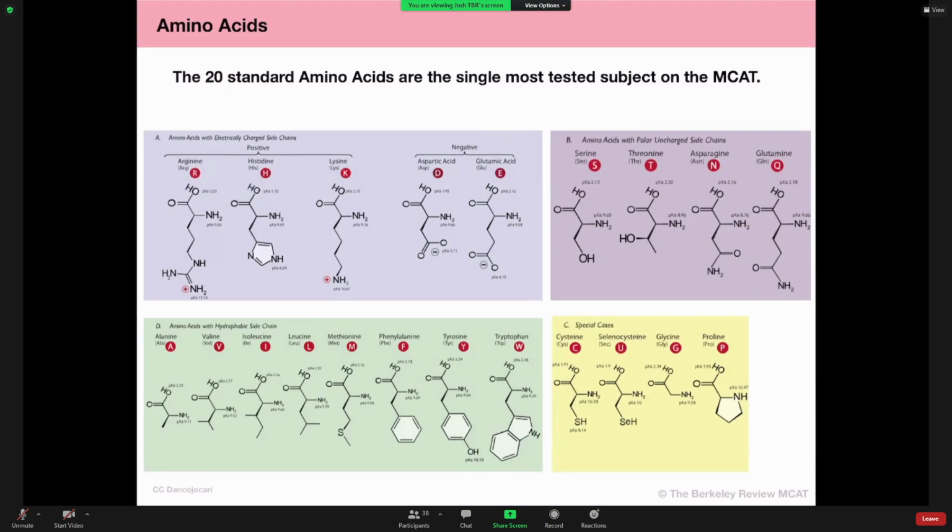You're just going to start to understand it as you go. Right. I would say right now, what you should do is memorize the 1-letter code and the 3-letter code. And then, as you go forward and do questions, just by needing to, you're going to know the structures of them, right? You're going to know the pKas of them, right? And then most importantly, you're going to know why each thing is relevant given a certain situation. All right.